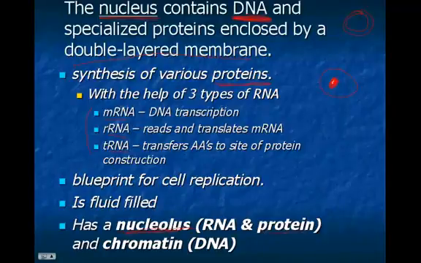So inside the nucleolus, we have mostly RNA and protein, and I'll talk about these types of RNA in just a minute. So that's what we have inside the nucleolus. And then all of your DNA is going to be outside here in the form of chromatin, okay? That's just this thready form of your DNA, where you'll normally find your DNA.